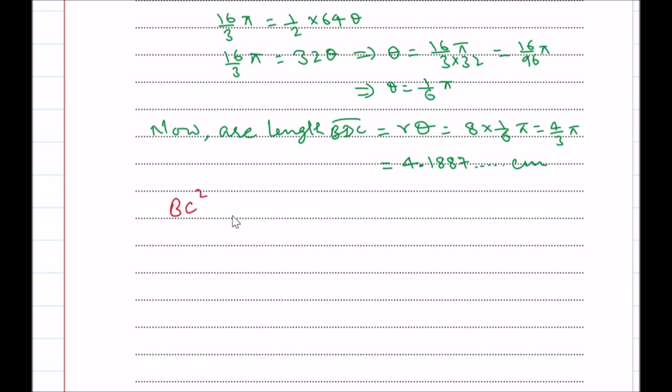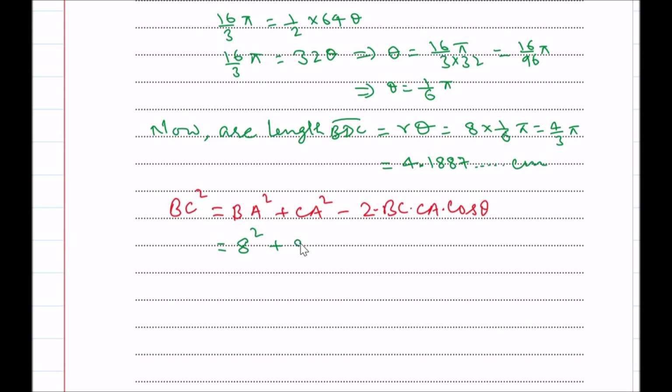So we'll be writing BC square equal to BA square plus CA square minus 2 BA into CA into cos theta. Okay, this is the formula. Now we need to substitute the value. So BA square, that is radius, 8 square.